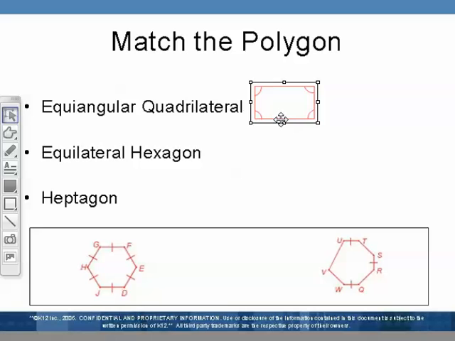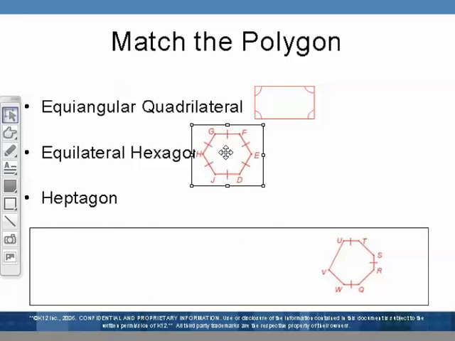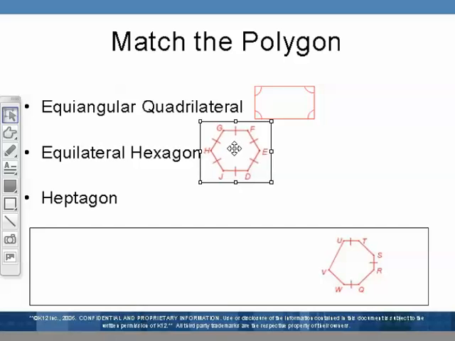Okay? Now, this next one says equilateral hexagon. Hexagon means 6. So you're looking for a six-sided object, and because it says equilateral, all the sides will be equal. See how the little marks on the sides of this one here indicate that they're all equal to each other? So that would be my equilateral six-sided object.